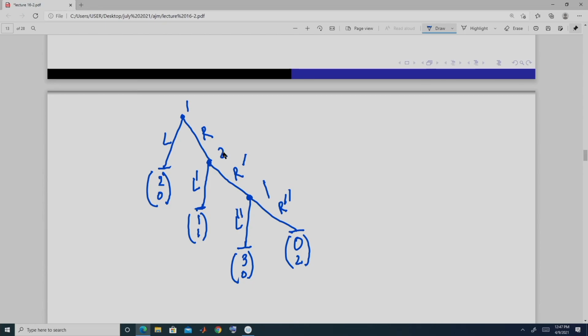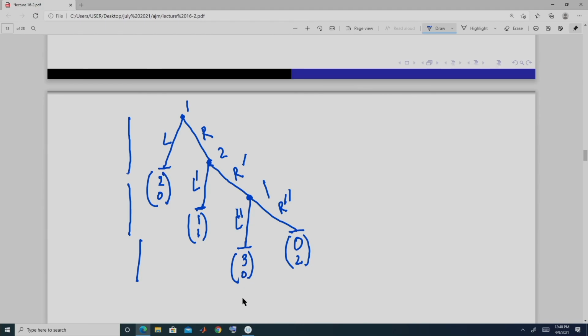Player 1 moves first, and its action is L or R. This is stage 1, this is stage 2 and this is stage 3. If player 1 chooses L, then the game ends. If player 1 chooses R, then player 2 can move. It can choose either L dash or R dash. If player 2 chooses L dash, then again the game ends. If it chooses R dash, then player 1 gets a chance to move again and it can choose from L dash, L double dash and R double dash. And these are the payoffs.